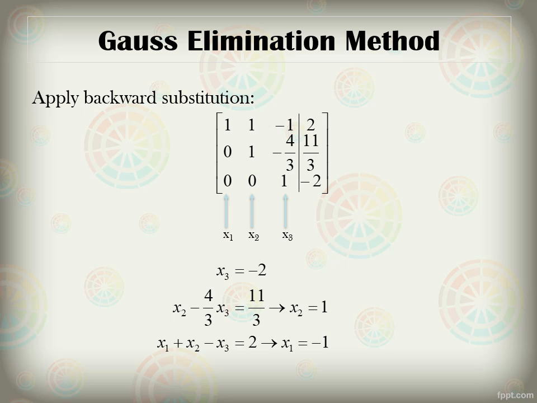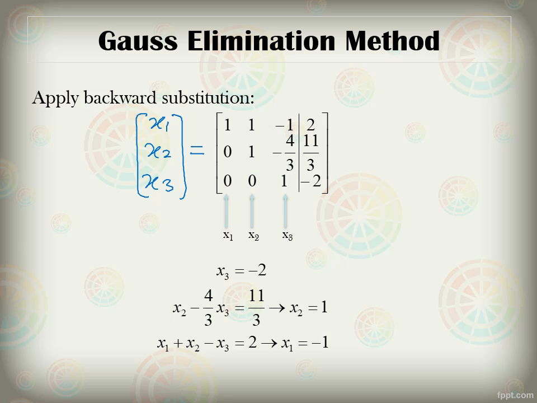Alright, so we must rewrite this matrix into system of linear equations in order to solve for our unknowns. Okay, so our unknowns are x1, x2, x3, remember?